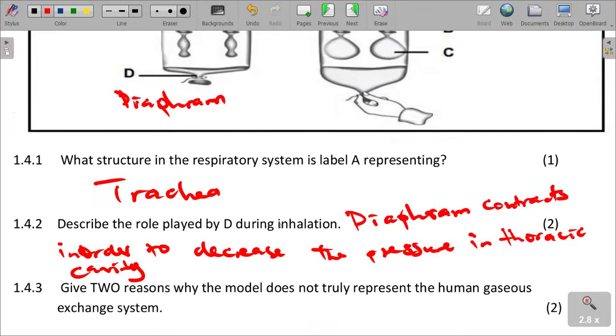When you breathe in, it goes down, increasing the volume and decreasing the pressure in the thoracic cavity.